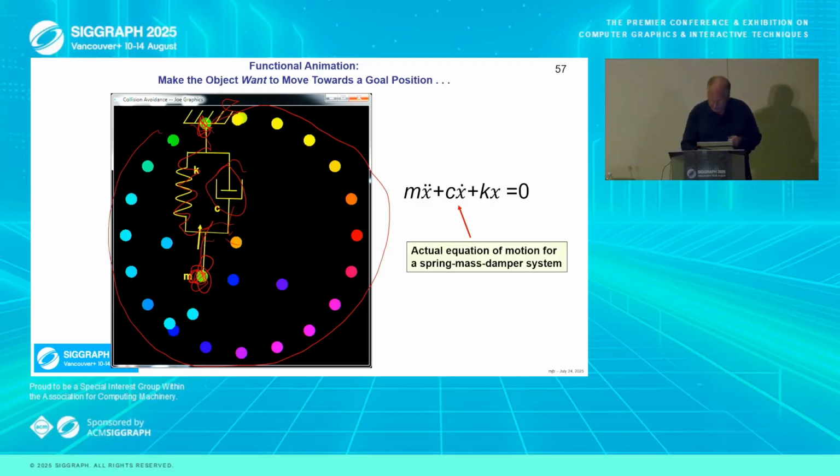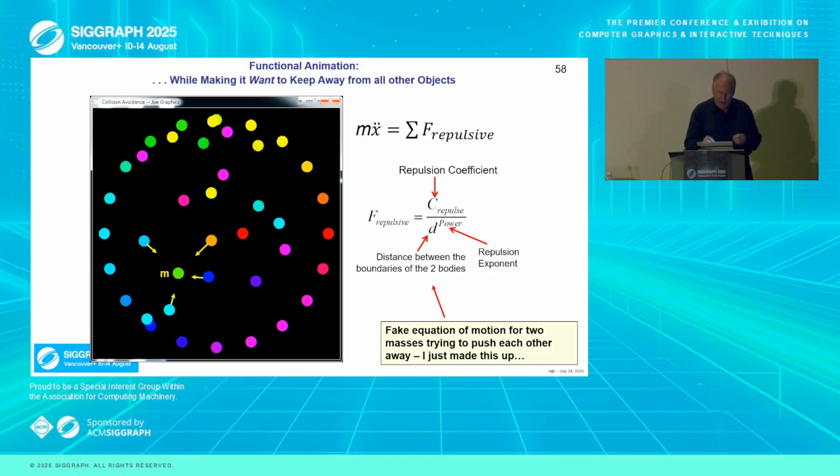For that, I made up another fake force, and the fake force was a repulsive force. It worked like this. It had a coefficient in the numerator, but the denominator was looking at the distance between it and every other point.